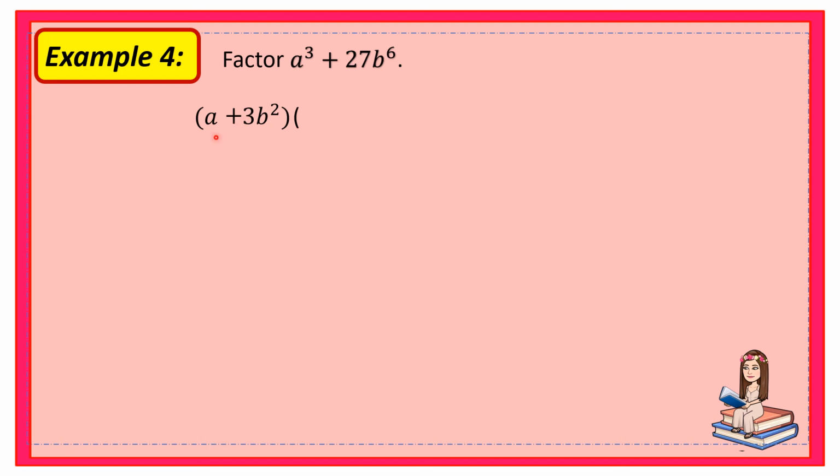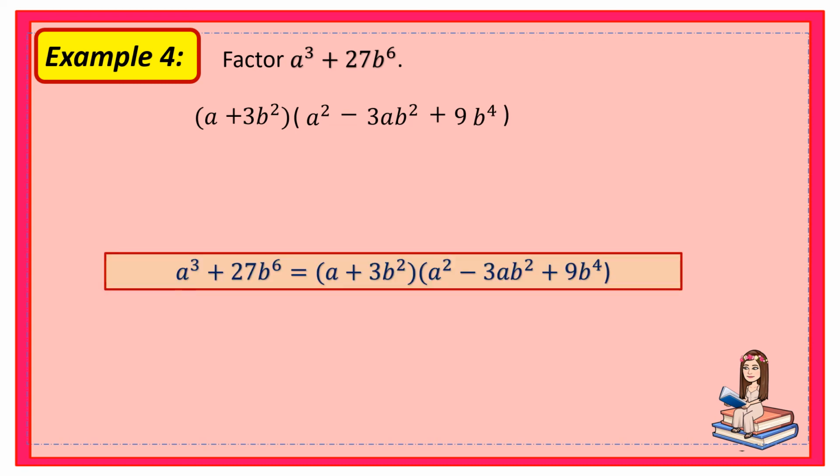So, the square of a is a squared. You get the opposite operation, minus. You multiply the two of them, we have 3ab squared. Always positive. Then, the square of the second term. So, 3 squared is 9, and b squared is b to the 4th. So, this is our factor.